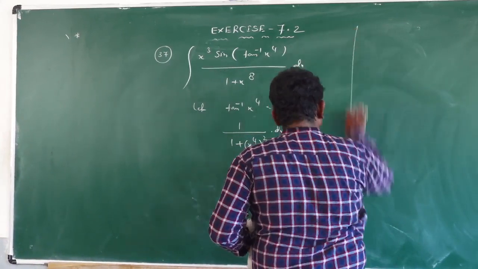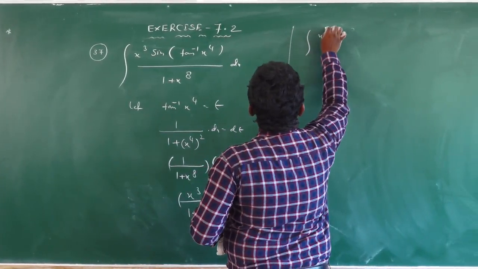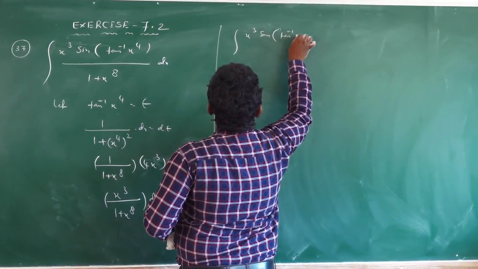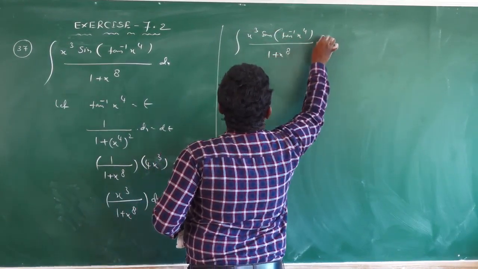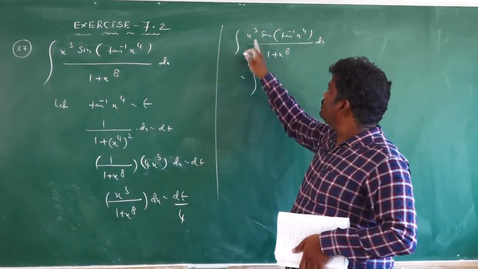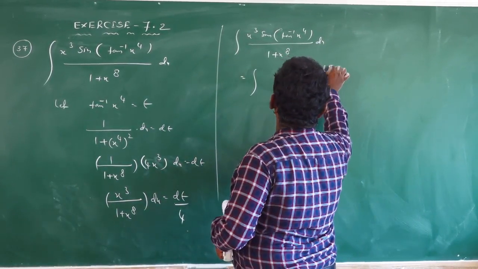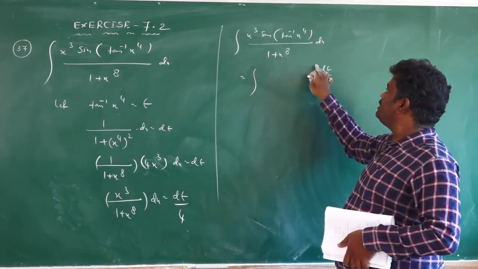Next, what we substitute here: substituting in the given integral, x cube sine of tan inverse of x power 4 by 1 plus x power 8 dx. Instead of x cube dx by 1 plus x power 8 we write dt by 4.